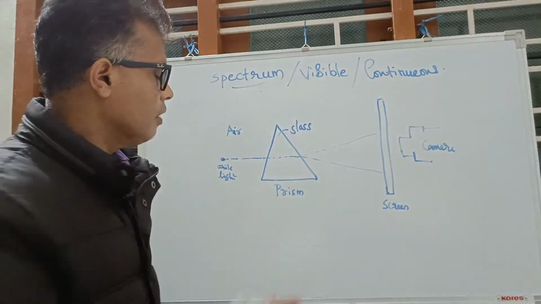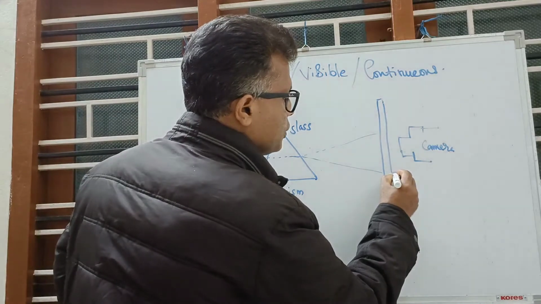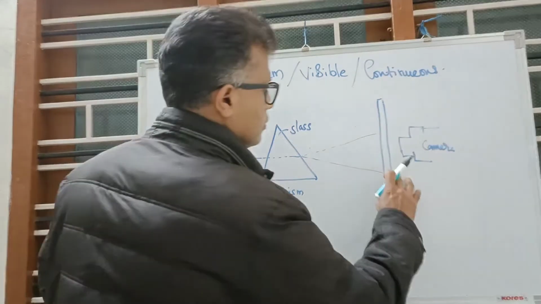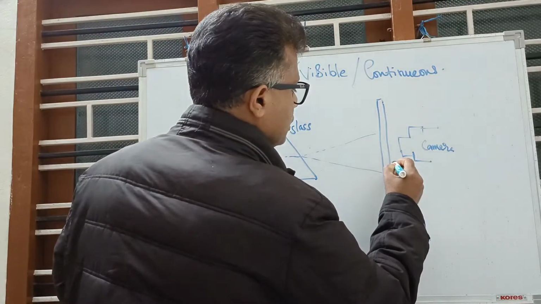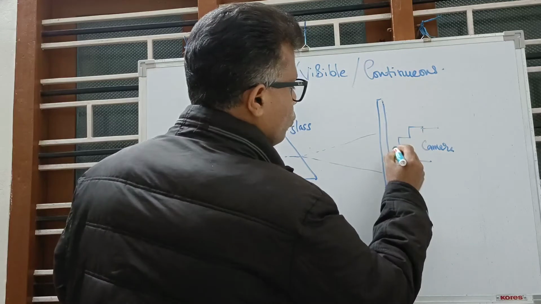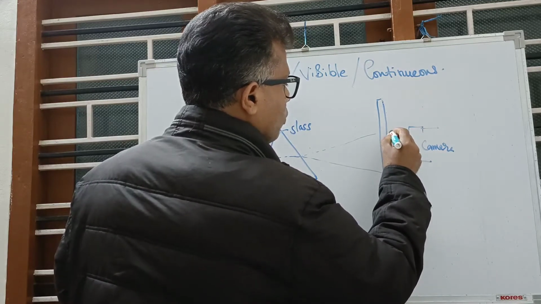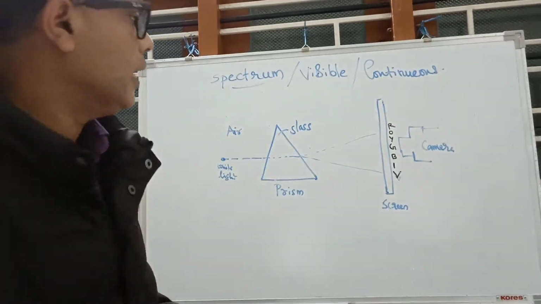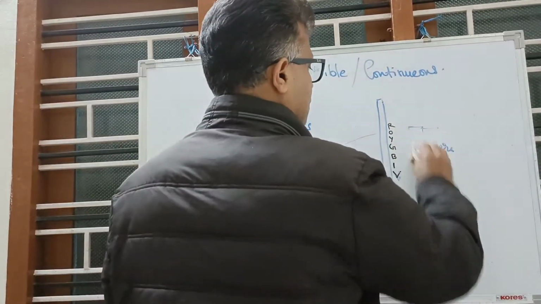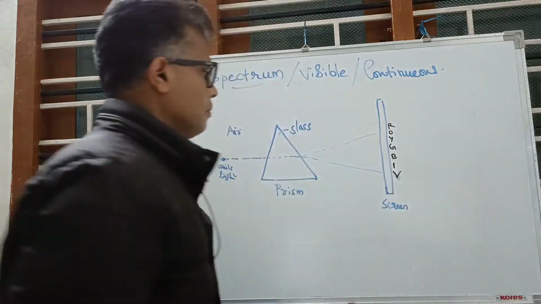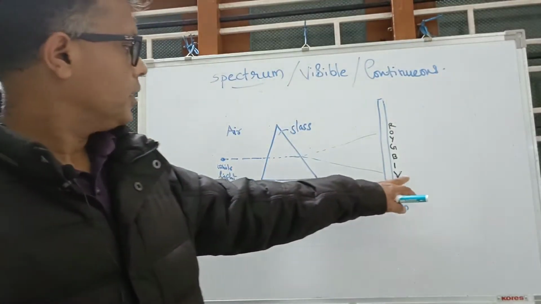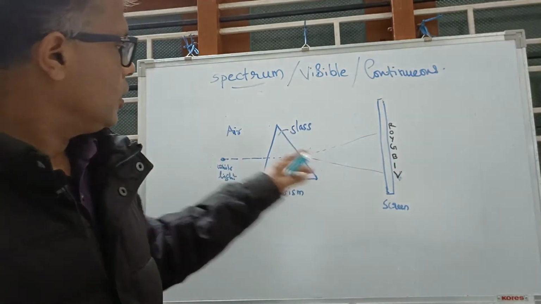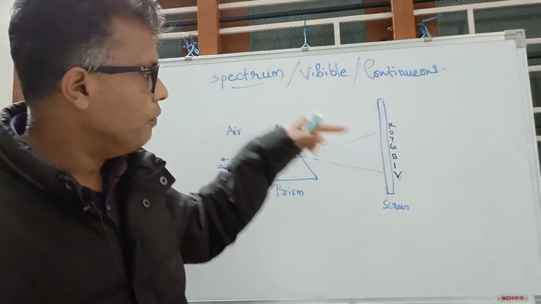We will just see what the continuous spectrum is. Violet, indigo, blue, green, yellow, orange, red. These are the visible lights. This light passes through like a wave.